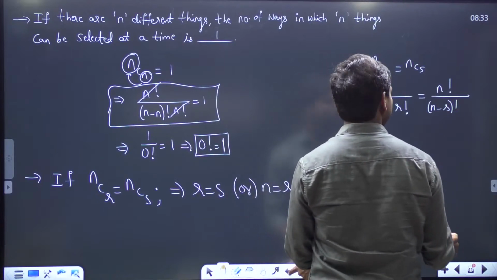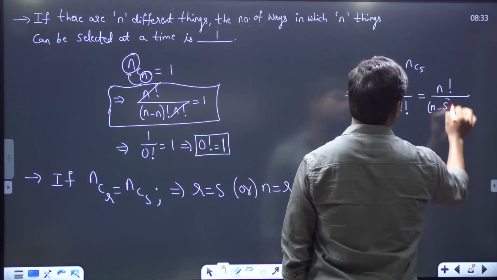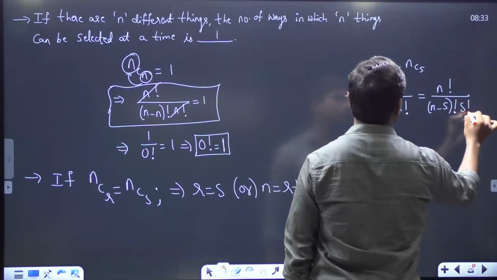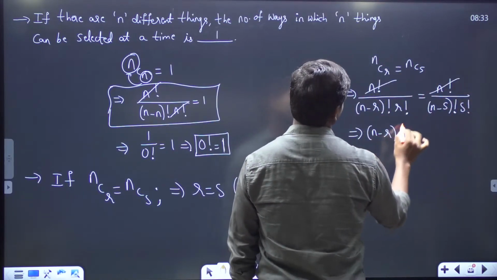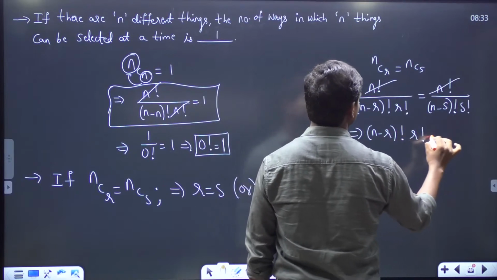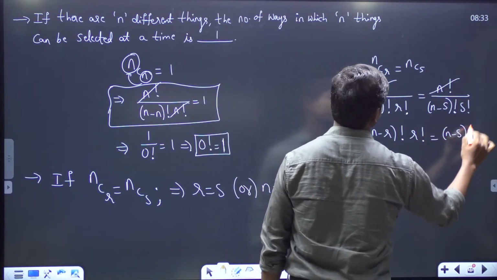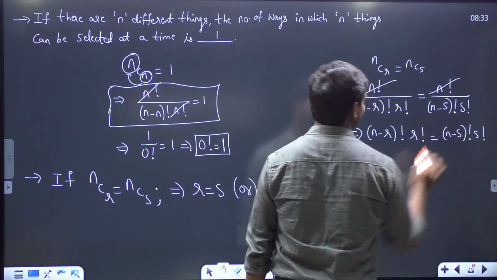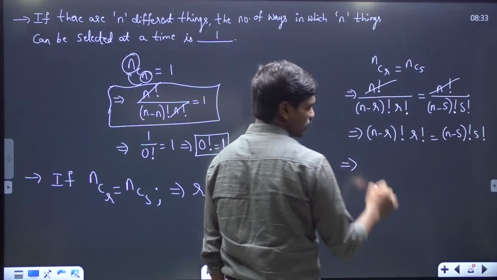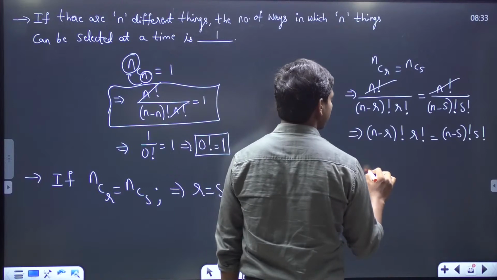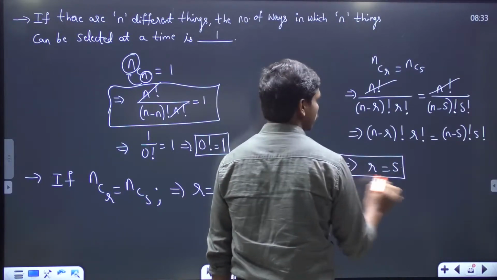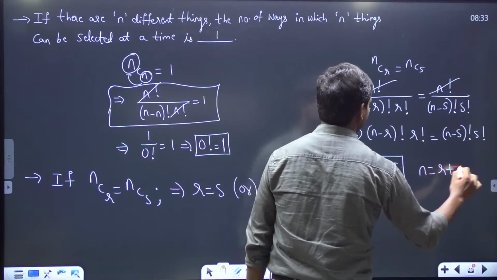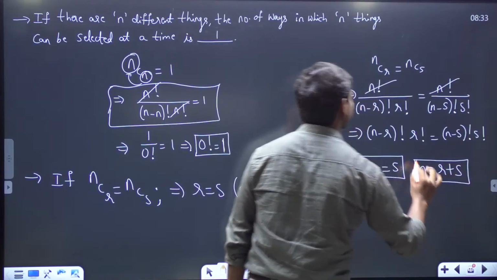Okay, let me not write this smallest. In the thermodynamics course, I'm writing the smallest nowadays, so I just got habituated. So see here, (n minus r) factorial into r factorial should be equal to (n minus s) factorial into s factorial. So for this to happen, you can have two things. One is either r is equal to s, or if you write n is equal to r plus s, even in that case this equation gets satisfied.